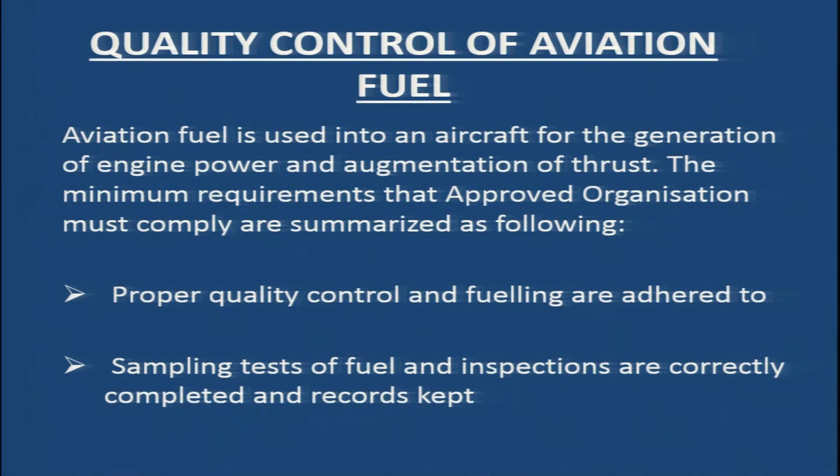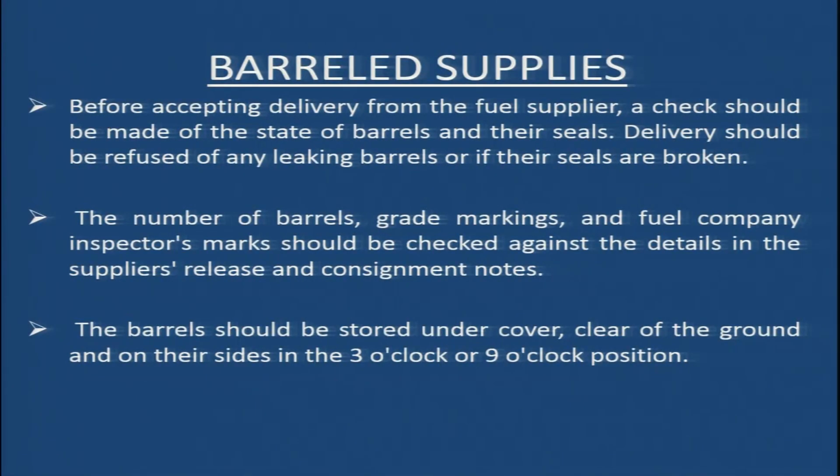Proper inspections of the complete procedures, sampling tests of the fuel and completion of records are all part of quality control of aviation fuel. Now, the fuel may be stored in barrels.